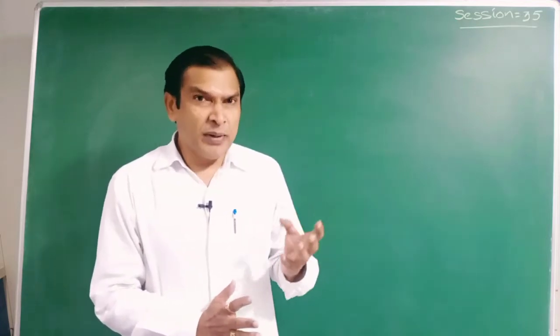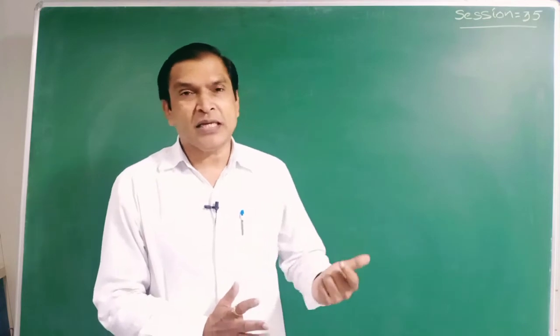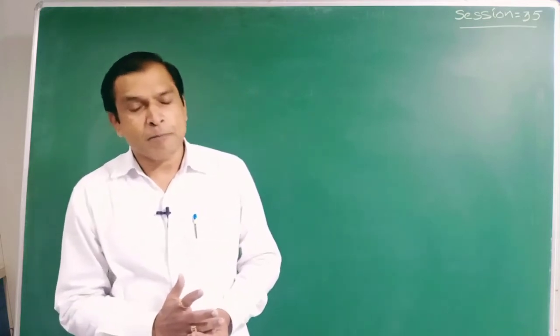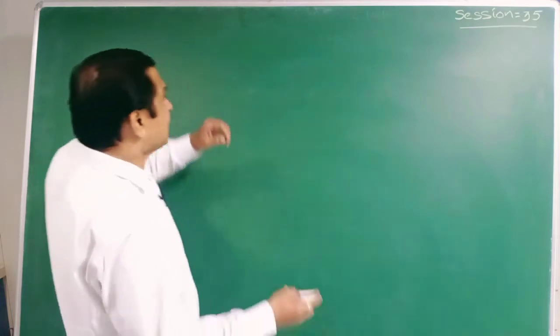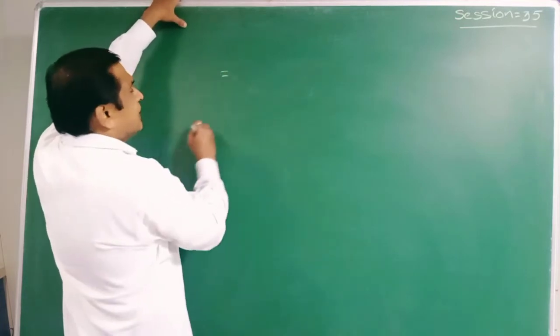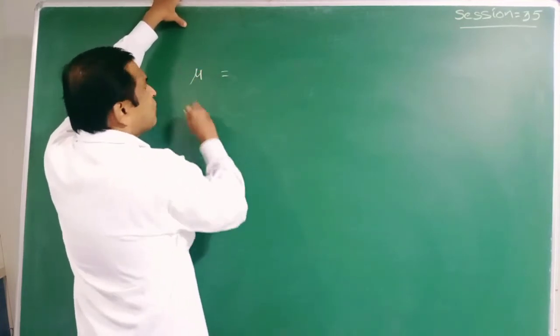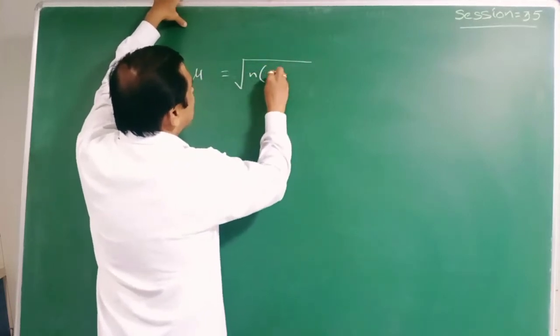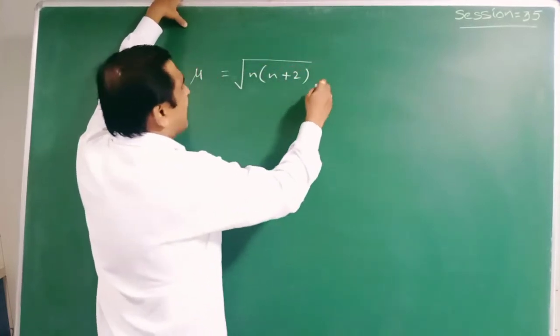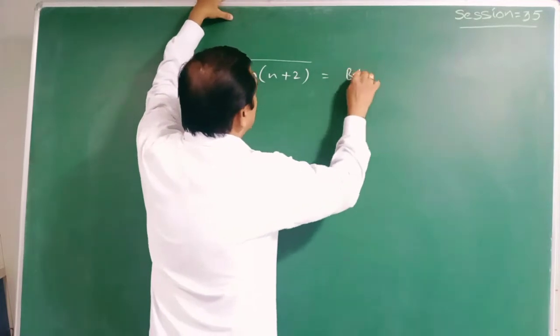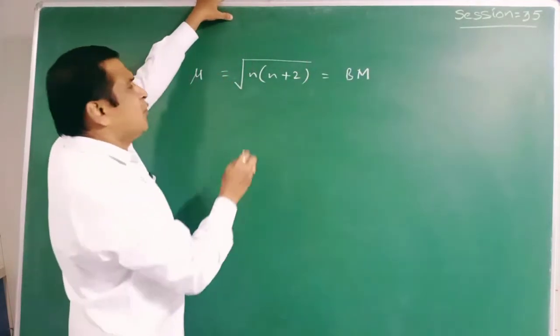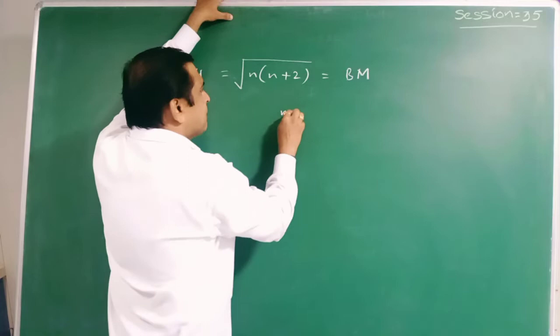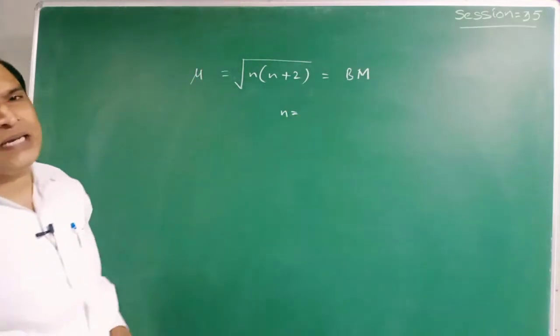The magnetic moment of paramagnetic substances can be calculated using the expression: magnetic moment equals the square root of n into n plus 2, expressed in Bohr magneton units, where n represents the number of unpaired electrons.